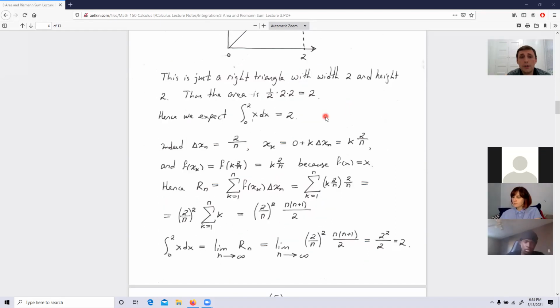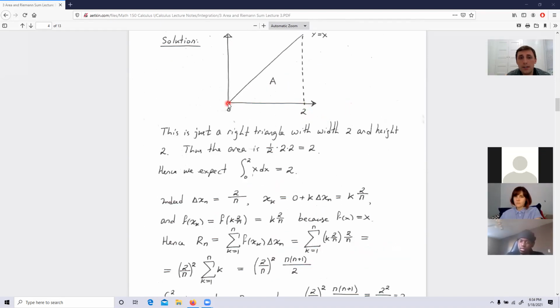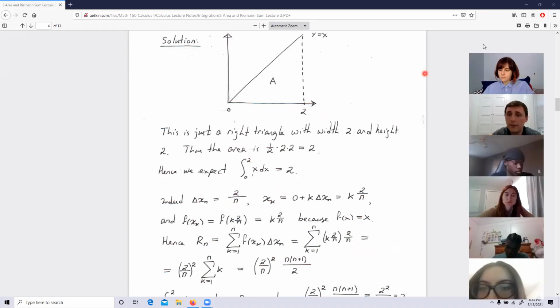So what do I do, guys? First of all, I'm going to divide 0 to 2 into n intervals. So I get that the width of the interval is 2 divided by n. Do you agree? 2 over n, that is (2 minus 0) divided by n. This is the width of my block if I have created n blocks.